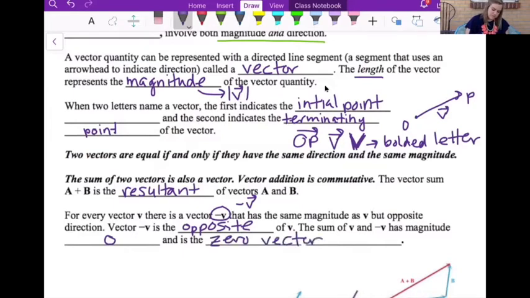The reason for this is that the magnitude of V is equal to the magnitude of the opposite of V. So opposite vectors have the same magnitude but different directions.